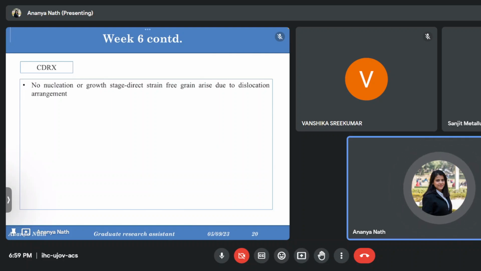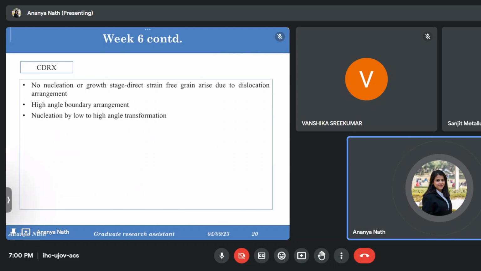The new grain can grow, right, because they have that capability. But the old grain cannot grow. They are having some dislocations. So this is why no nucleation or growth phase. Directly we'll get the strain free grains. But as all the grains will have new grains inside them, the formation of these new strain free grains is very homogeneous in nature. So it also has some advantage. So the next is high angle boundary arrangement.